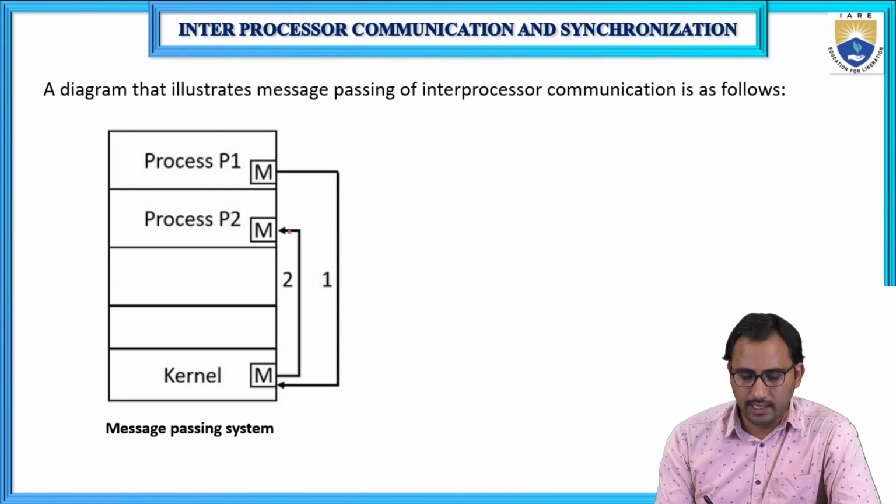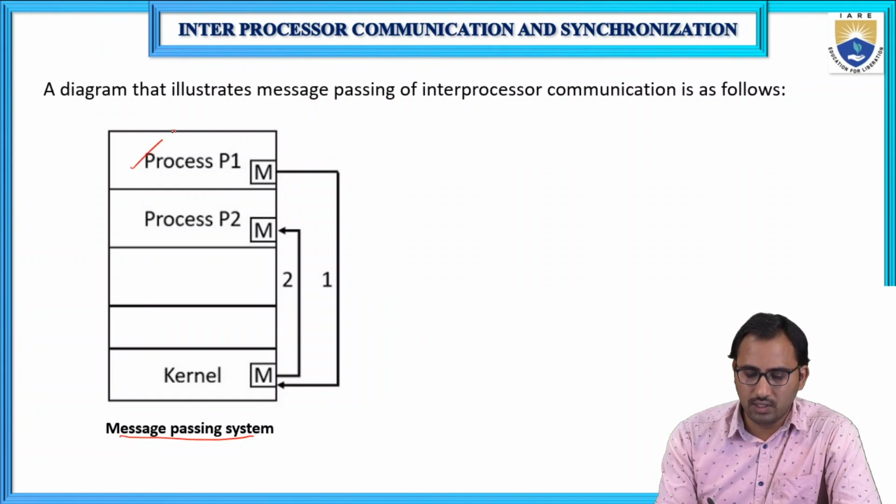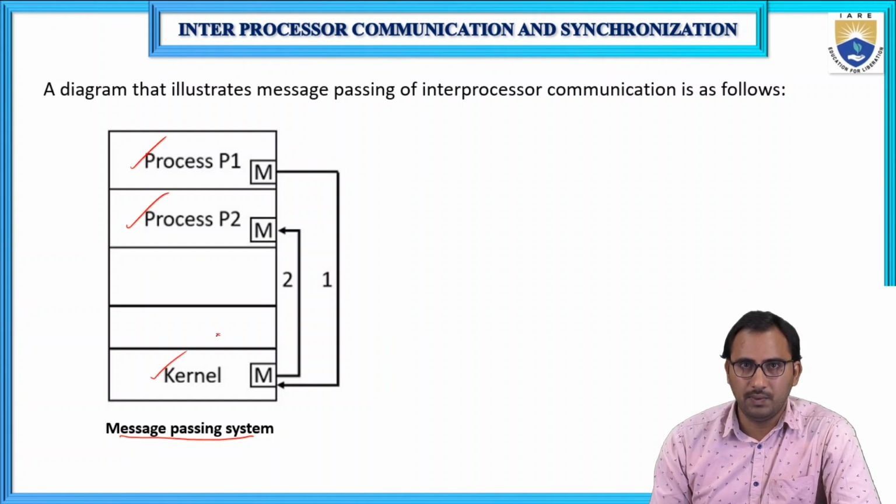Here you can see a diagram that represents the message passing system. Let us assume this is process P1, process P2, and this is the kernel space.